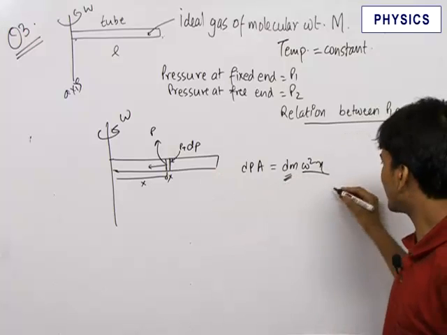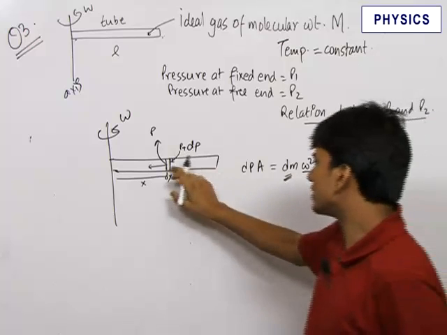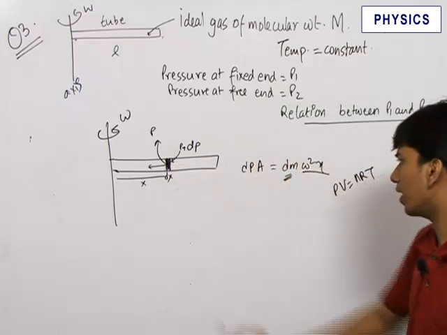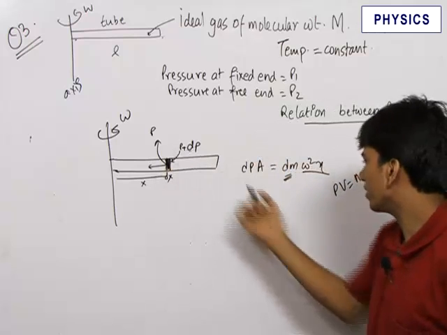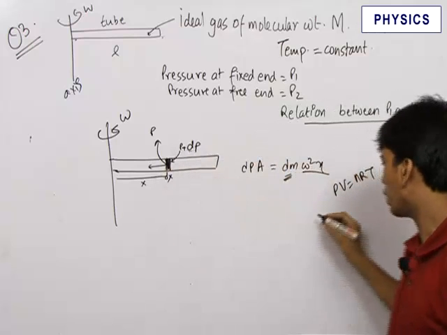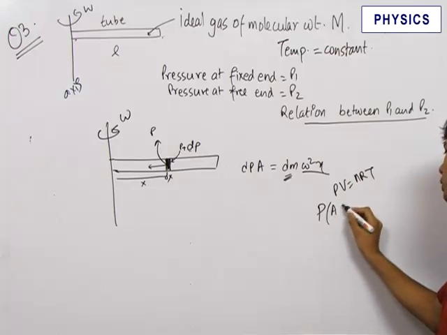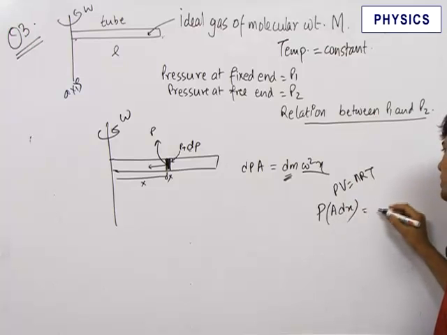For that, let us use the equation PV is equal to nRT. Since this is an ideal gas, we can apply PV is equal to nRT on this part of the column of the gas. Therefore the pressure can be taken to be P. It is almost P, since P plus dP is also almost P. Therefore P into volume, that is A into dx, is equal to number of moles.